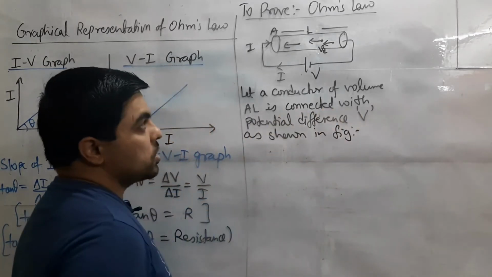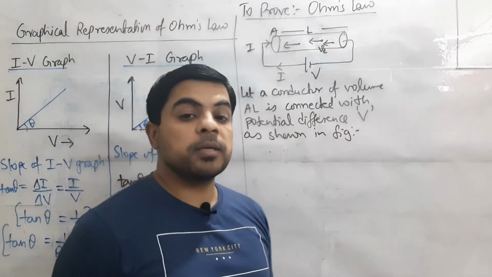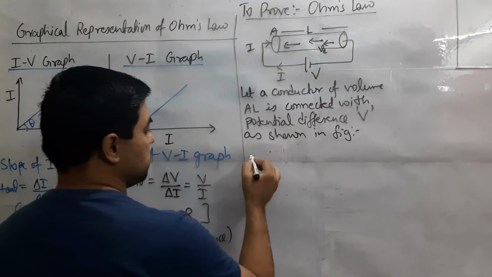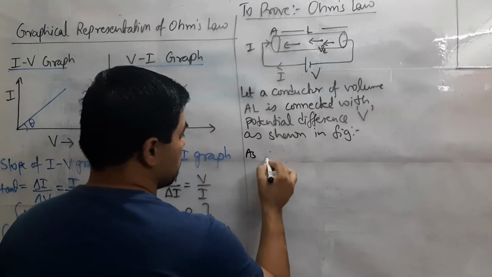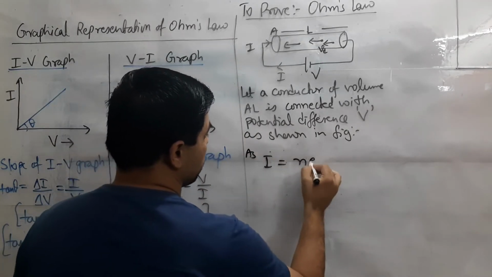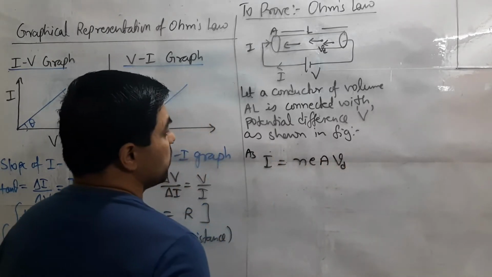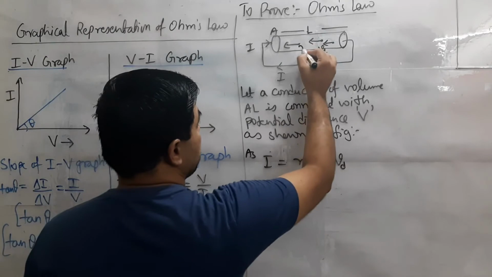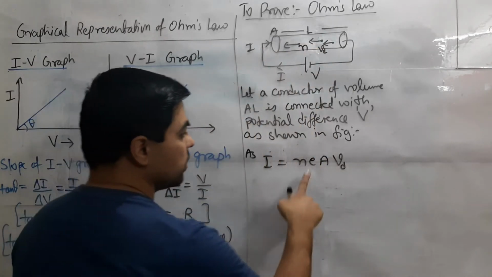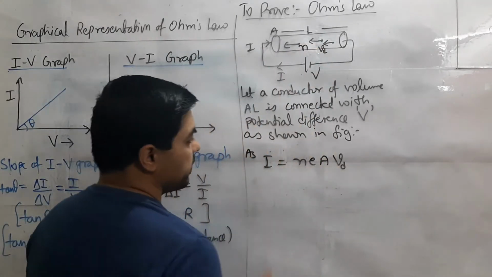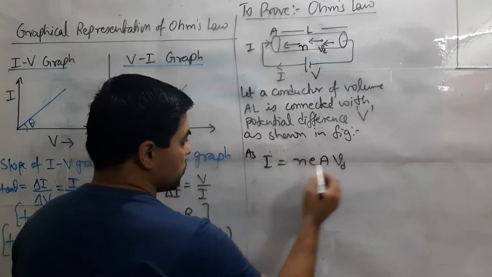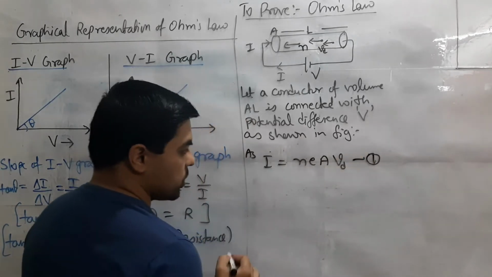Now, using the relations we have already discussed in the previous class, we know that the relation between current and drift velocity is I equals n e A Vd. Here n is the number density of electrons in the conductor, e is the charge of the electron, A is the cross-section area, and Vd is the drift velocity. We write this as equation number 1.